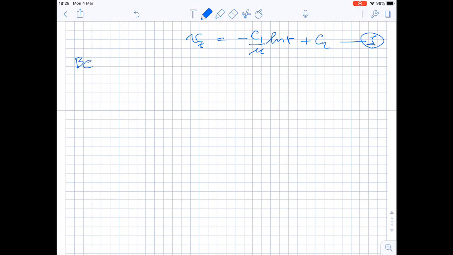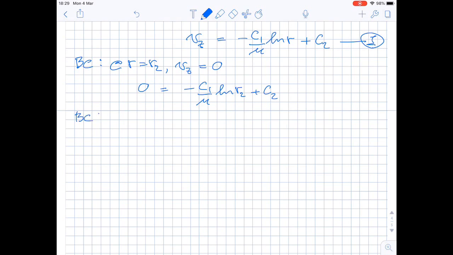First boundary, at r equal to r2, outside velocity Vz is 0 because the wall is stagnant. So taking Vz to be 0, right hand side you get C1 over mu ln R2 plus C2.